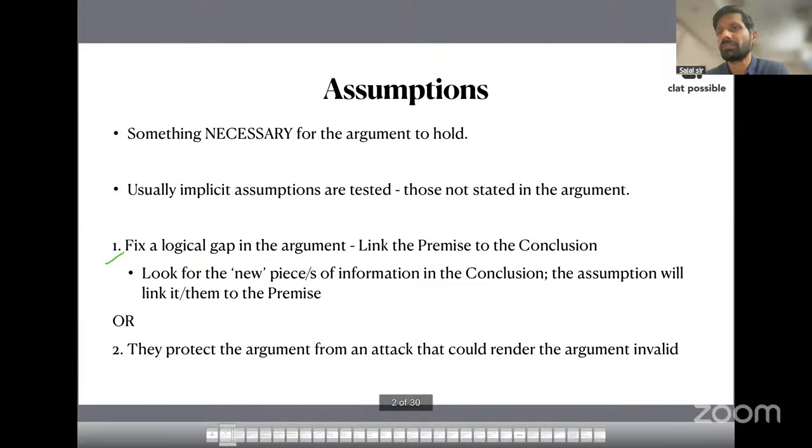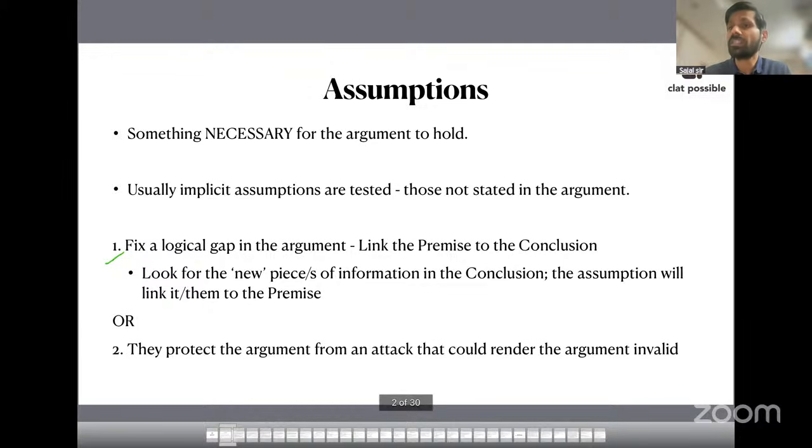The conclusion contains some information that has not already been covered in the premise statements, right? So we have to figure out an option that connects these pieces of information, the one in the premise to the one in the conclusion, right? So the correct option will connect the premise to the conclusion. So that is one way in which these correct options may appear.